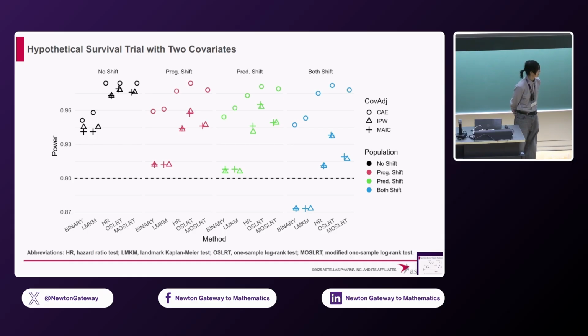First is CAE, our proposed method, and the other 2 are existing weighting methods. We can see CAE maintained the power in every covariate shift setting, but the weighting methods have different levels of power loss, and as the shift level increases, the power loss will be greater.